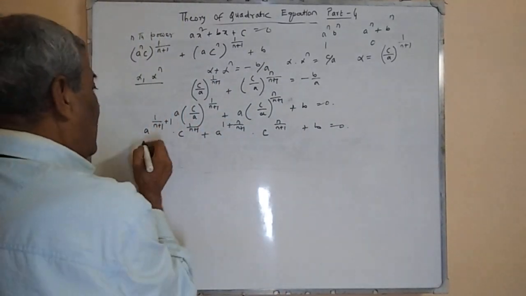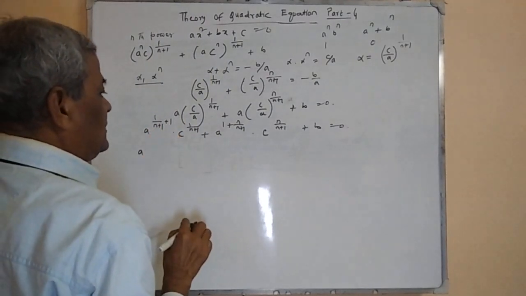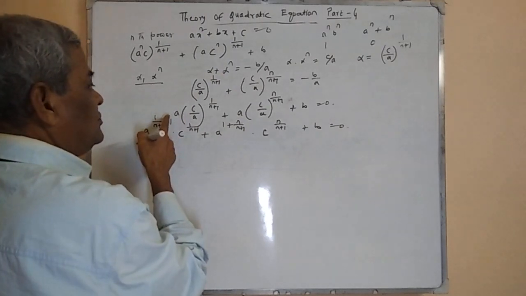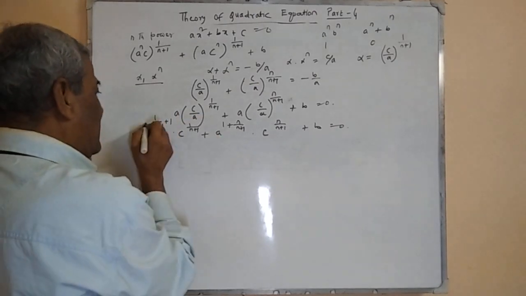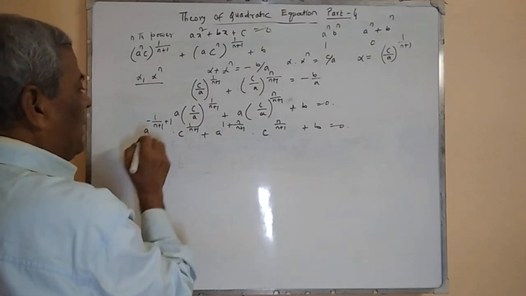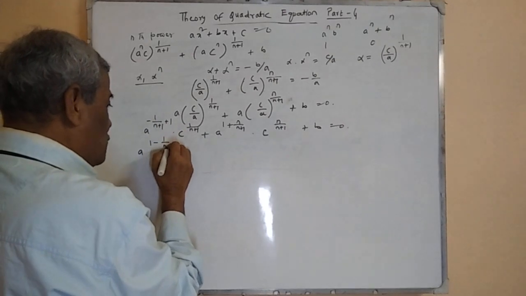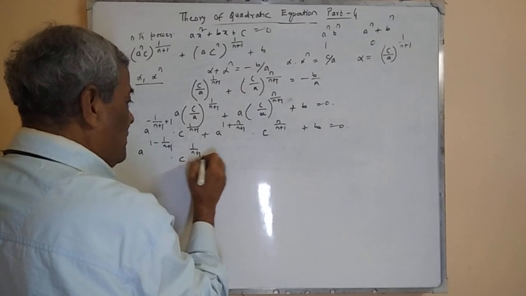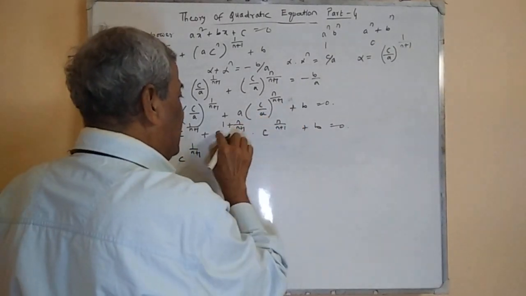So it is a to the power, this is minus, this is in denominator, I have been making a mistake everywhere. Okay, a to the power 1 minus 1 by n plus 1 into c to the power 1 by n plus 1, plus this one also will be negative.